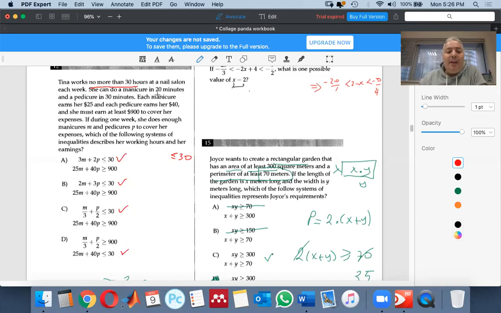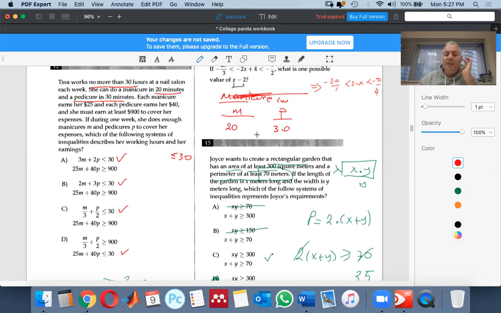She can do a manicure in 20 minutes and a pedicure in 30 minutes. So when I check the alternatives, let me write M for manicure and P for pedicure. It says that manicure is 20 minutes and pedicure is 30 minutes. So be careful now. How can I write this? We can divide by 10 also.